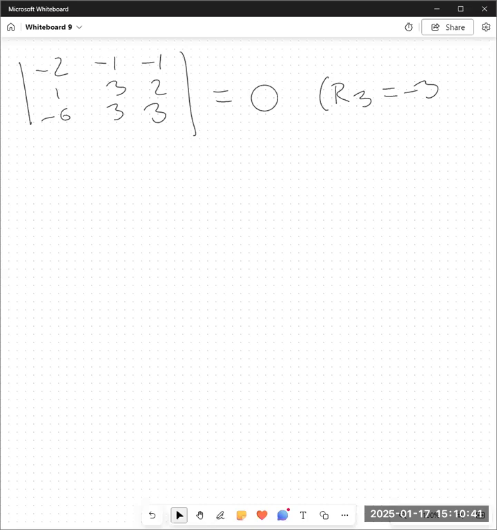This is 27, right? This is a positive 2. It's equal to a negative 3 times row 1.